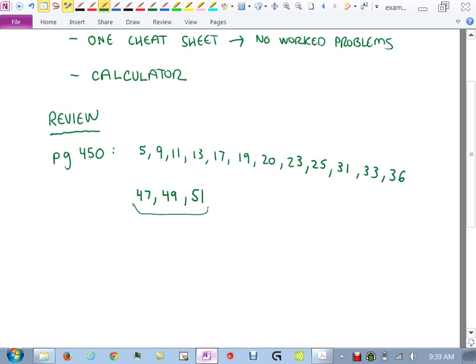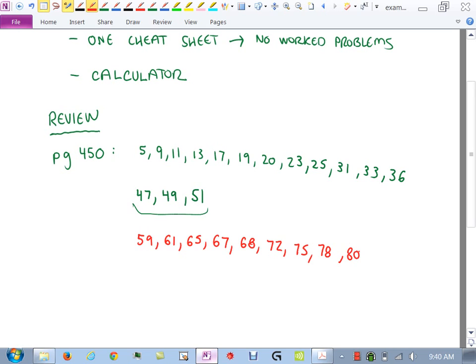Okay, now these problems, I'll do them in red, are more like what you would see on the test, which would be numbers 59, 61, 65, 67, 68, 72, 75, 78, and 80.